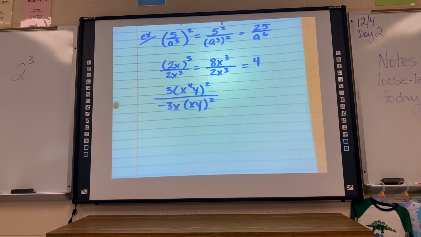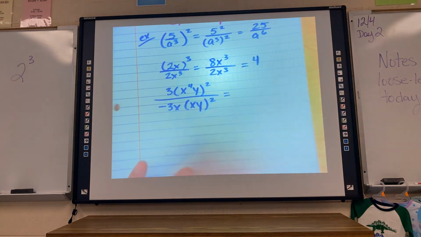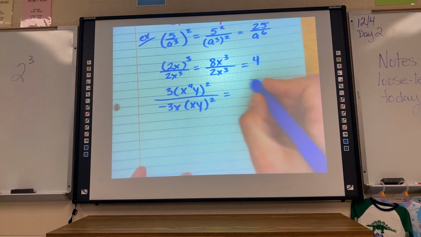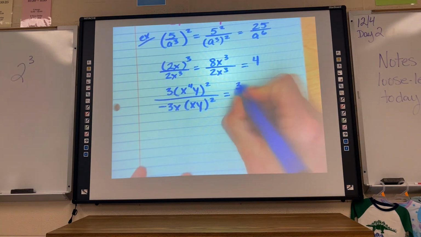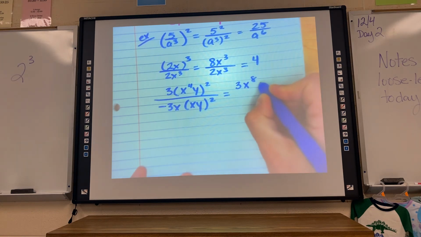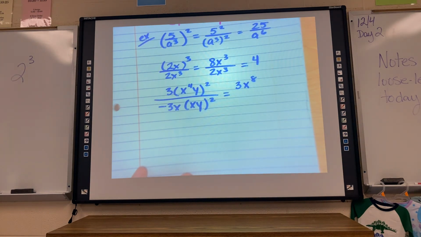All right. What did we get in the numerator? Max? 3x to the 8th, 3y squared. 3x to the 8th. Did you put another 3 up there? Is it just y squared? It's y squared.